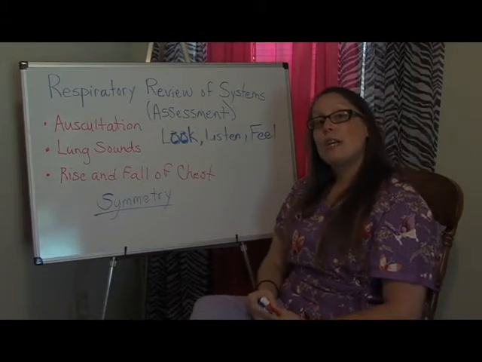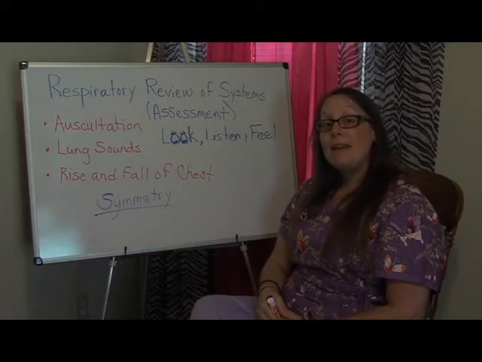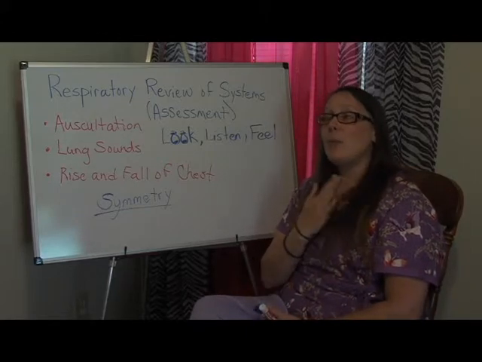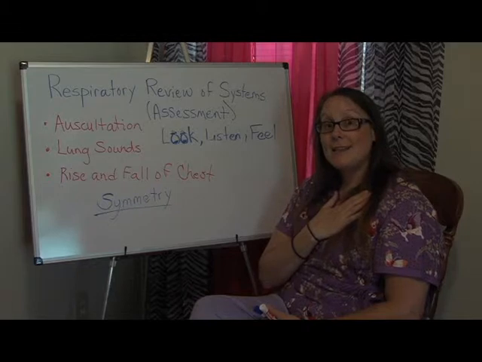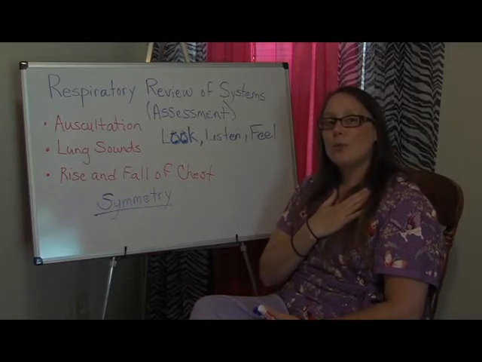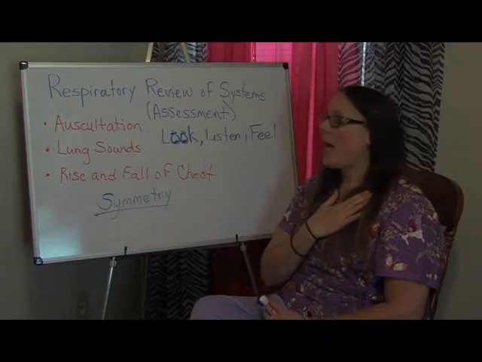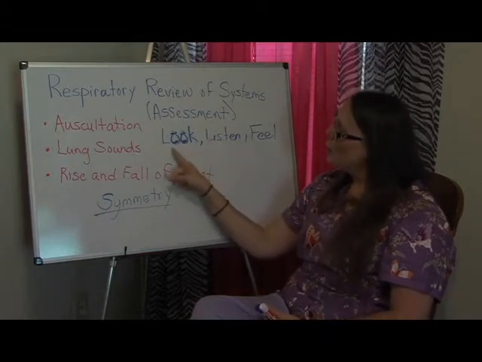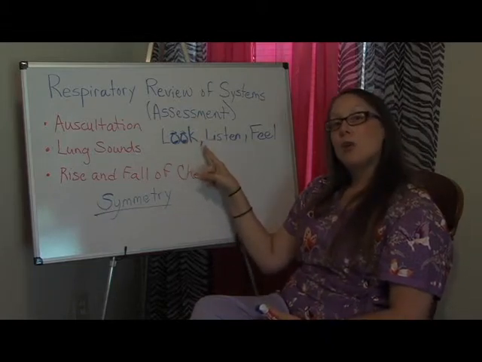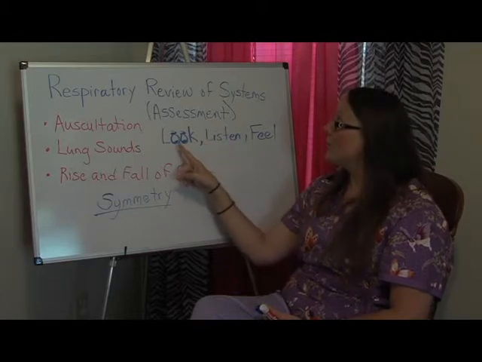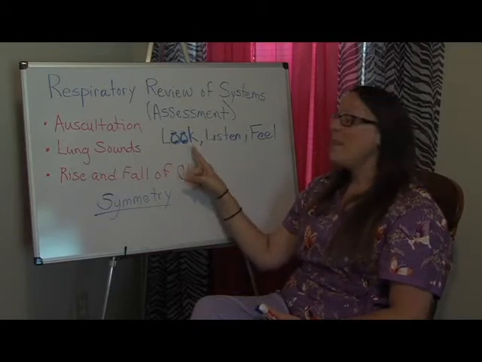If we're unsure if a client is actually breathing, then what's your assessment? You place your hand on their chest to make sure that you are feeling those respiratory efforts. Okay, you're looking and watching. That's part of your observation as a nurse, and that's one of your very acute senses that you will use very frequently.